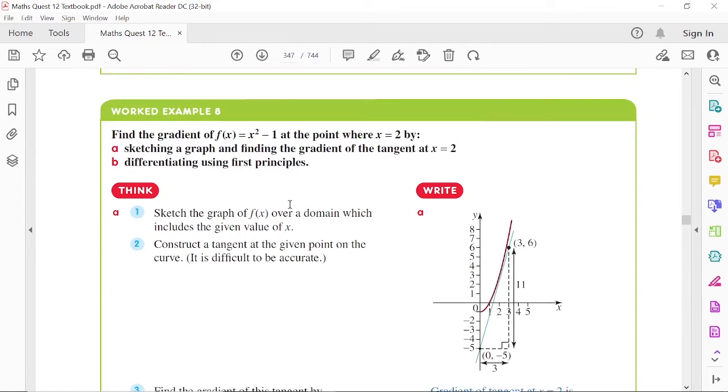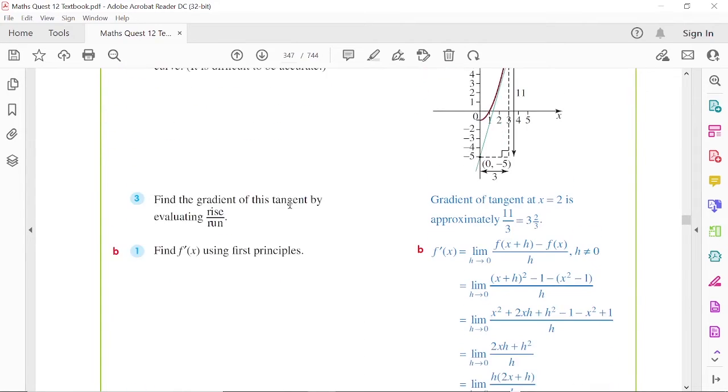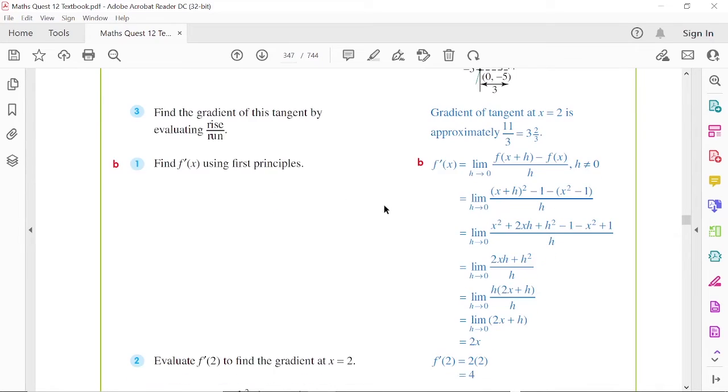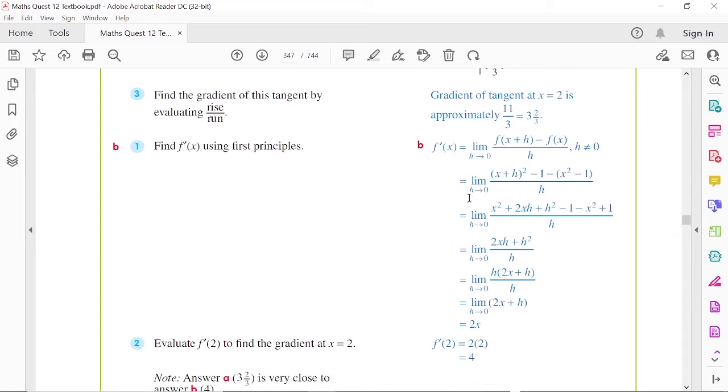Okay, so we need to first of all find what the rule is for the derivative. And so the first step is to write out the rule according to first principles. Our derivative f dash x is equal to the limit as h approaches 0 of our rise over run, f of x plus h minus f of x over h, provided h, of course, is not equal to 0.